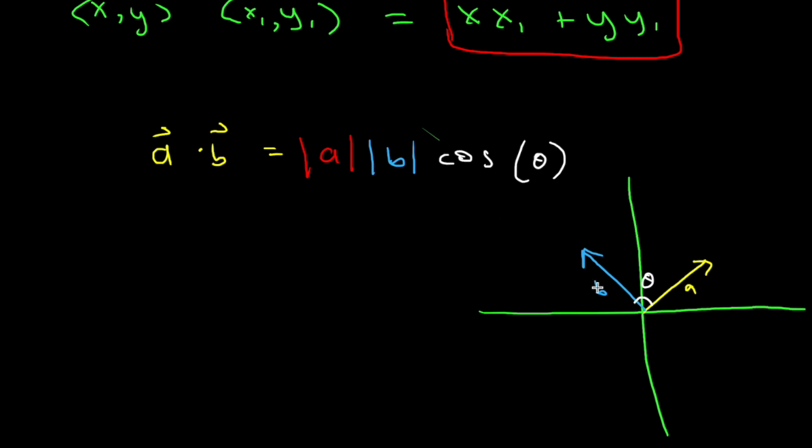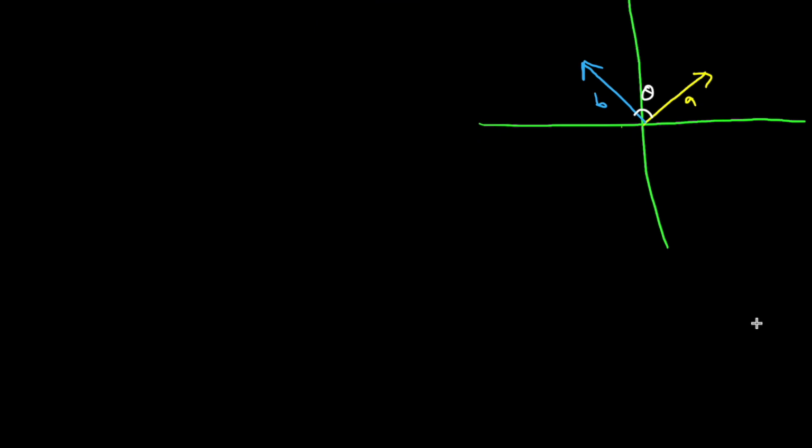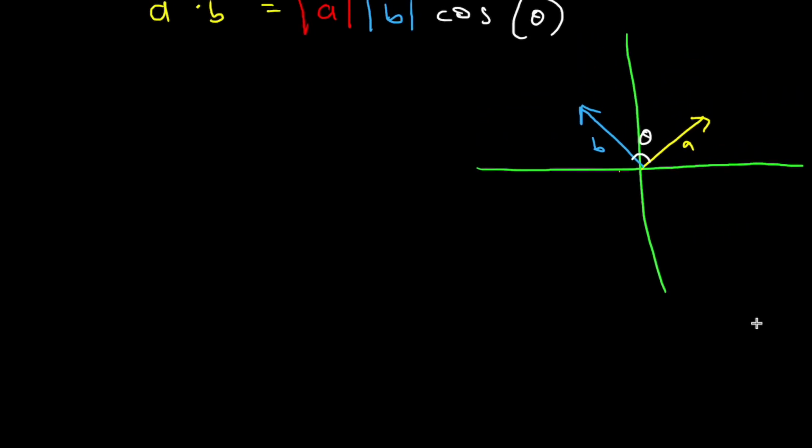So finding the dot product, we'll just be multiplying this magnitude of a times this magnitude of b times cosine of the angle between vectors a and b. This seems a little bit more useful.